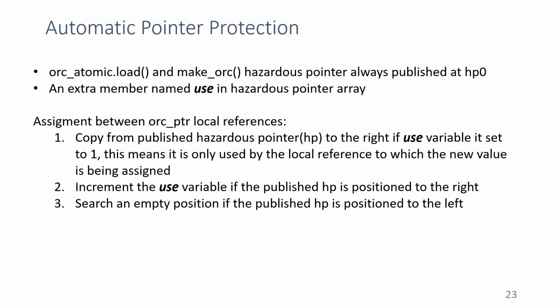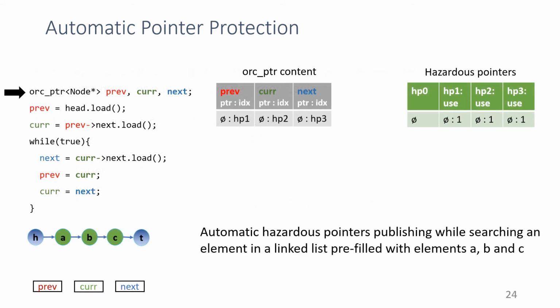Otherwise, it will increment the use variable if it is positioned to the right. In case the arc pointer is positioned to the left, it will search for an empty position on the hazardous pointers array. So now, how these rules apply while traversing a linked list.